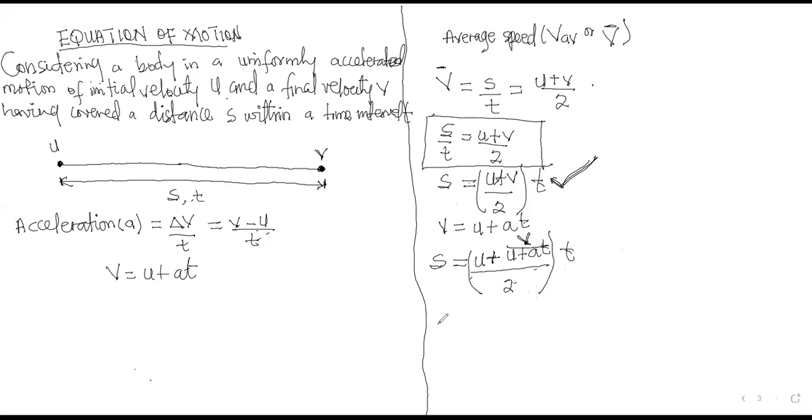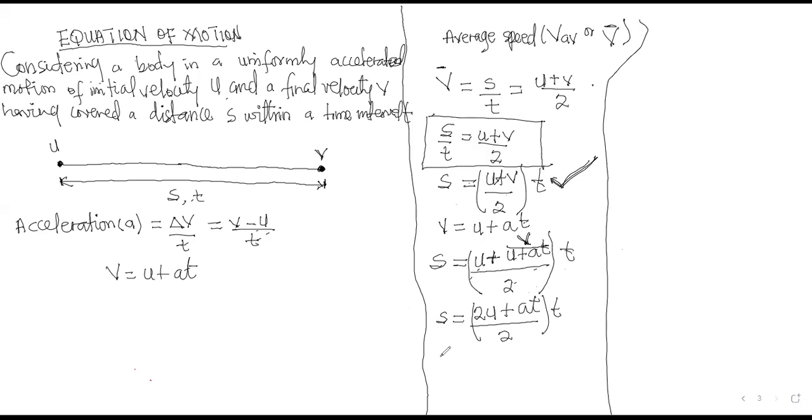Then I simplify what I have there. S equals 2U plus U, 2U plus AT, all divided by 2 times T. Now, if I have that, then within the bracket, I can divide all the numerators by the denominator 2.